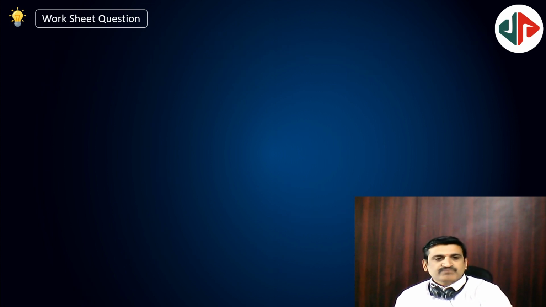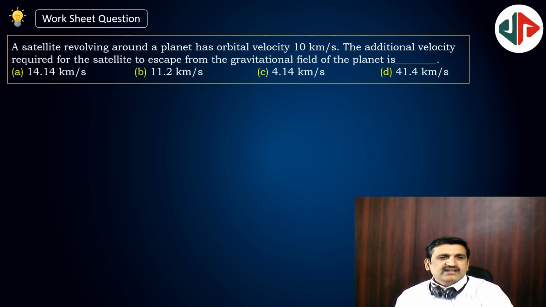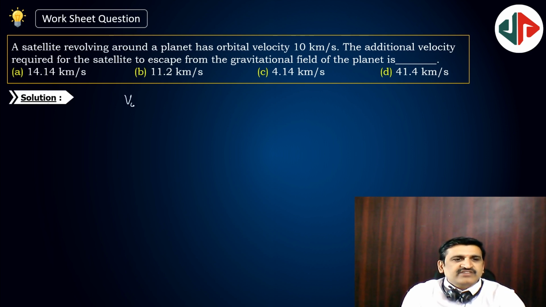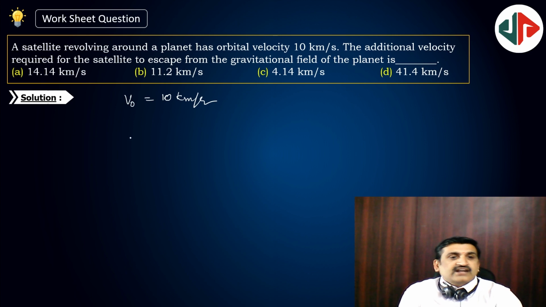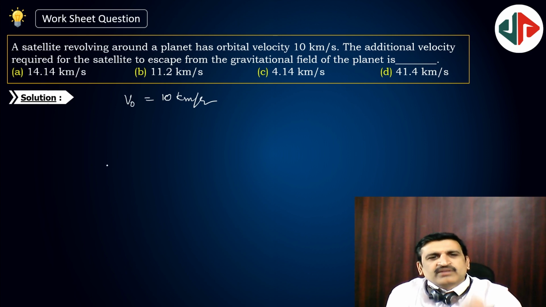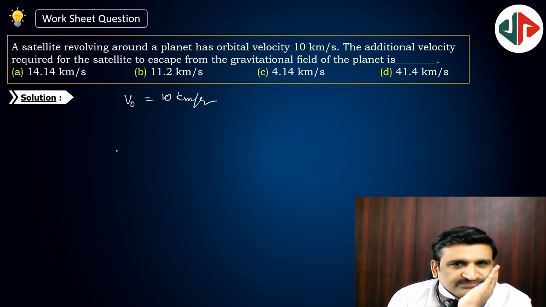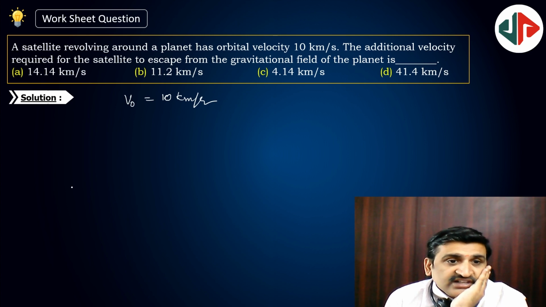Fine. Next. A satellite revolving around a planet has orbital velocity 10 km per second. Orbital velocity V0 is equal to 10 km per second. The additional velocity required for the satellite to escape from the gravitational field of the planet is. He didn't mention whether it is a close surface satellite or any other.